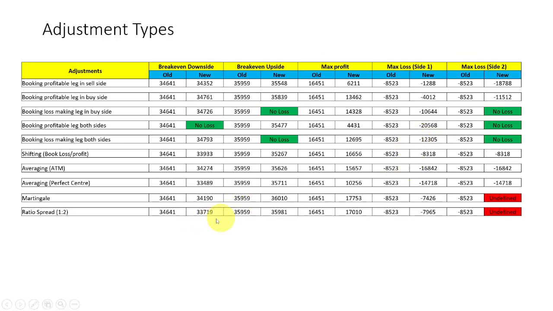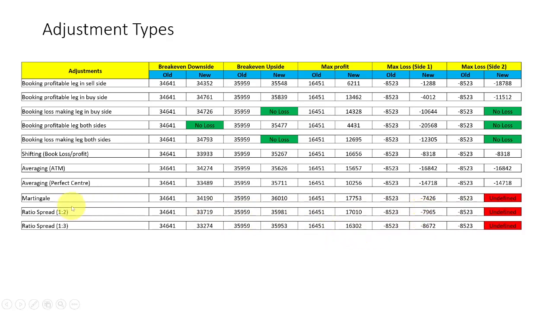So once we do the strategy, you can see the downward break even from 34,641 has been extended to 33,709, and in the upside also we have increased by some 30 points, and our max profit also has increased to an extent, and our max loss on one side is decreased, but on the other side it is undefined. Similarly, ratio spread we can do 1:2 or 1:3, 1:5, whatever we want.